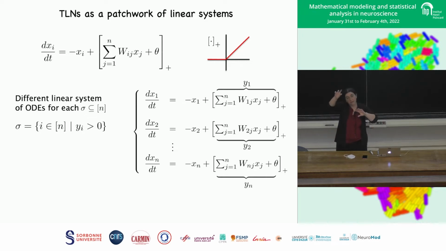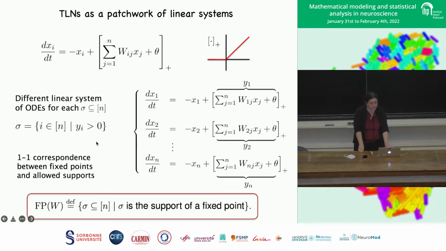Once I'm inside one of the chambers of this hyperplane arrangement, I have picked one side or the other of the nonlinearity. Either I can drop the brackets because I'm on the plus side, or I set it to 0 if I'm on the minus side. And now I have an honest-to-goodness linear system of ODEs inside that chamber. So you have all these different linear systems. They're related to each other because they're all coming from the same W matrix, but locally the system is linear.